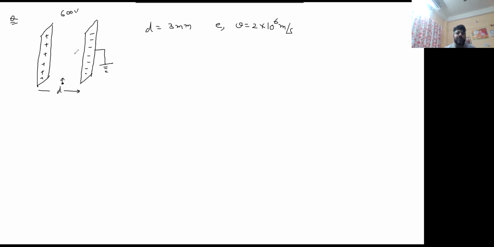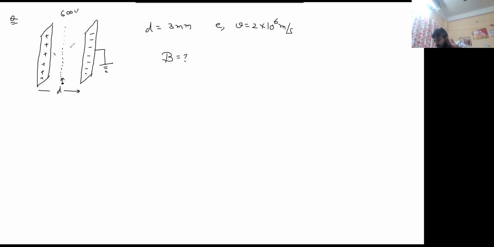So the magnetic field here, I need its direction and magnitude so that the charged particle moves in a straight line without any deflection.